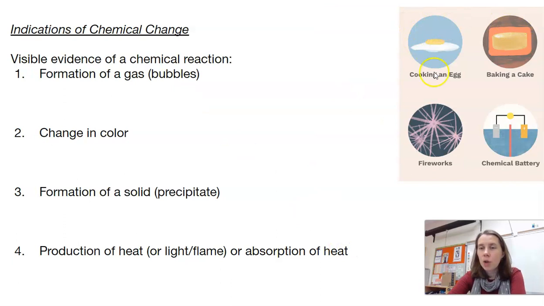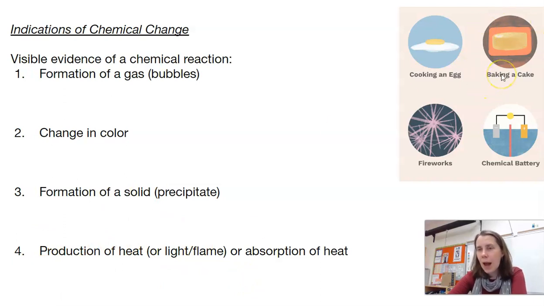All right, cooking an egg. When we cook an egg, we make a new solid, right? Our eggs start out liquid and they are solid by the time we're done cooking. The color changes, all right? And sometimes when we think about cooking, students mistakenly think that we're producing heat. We're not. We're adding heat to make that happen, so that one's not applicable here.